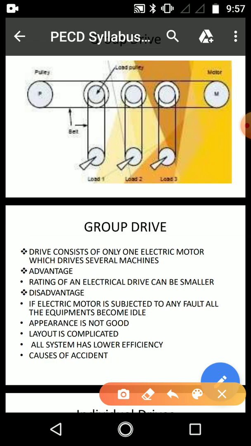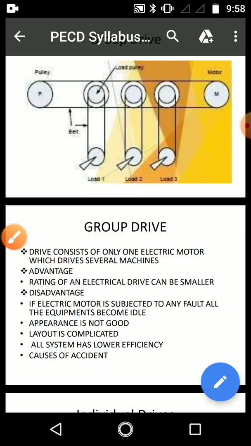See here the electrical motor which is driving several loads. These are the loads. The drive consists of only one electrical motor which drives several machines, meaning the loads, with the help of the pulley arrangement.